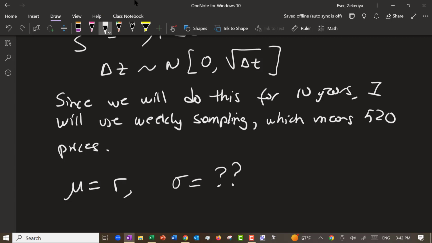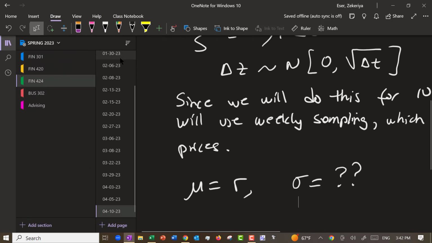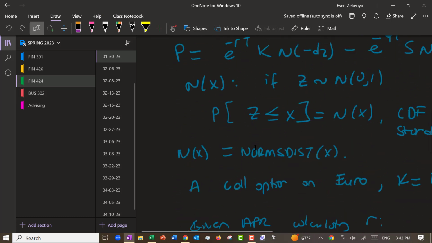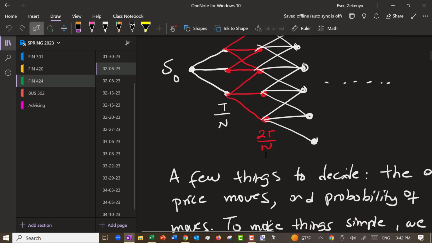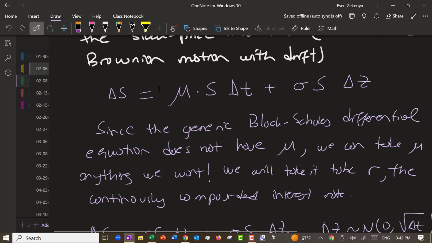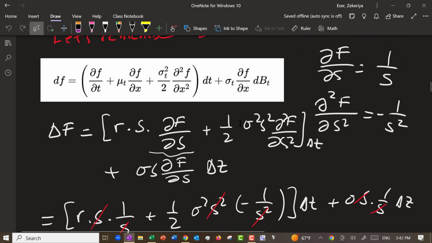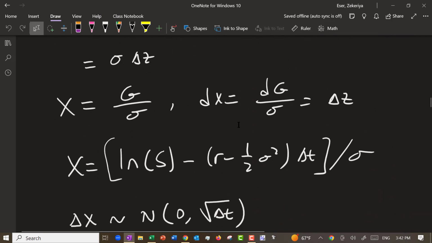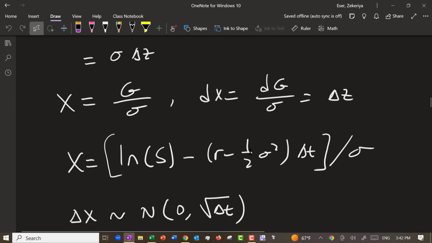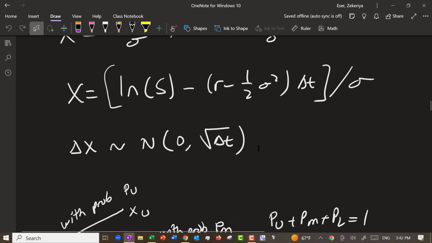If you remember from our earlier stuff, we did a transformation. This is a transformation such that change in X is basically the standard normal distribution.